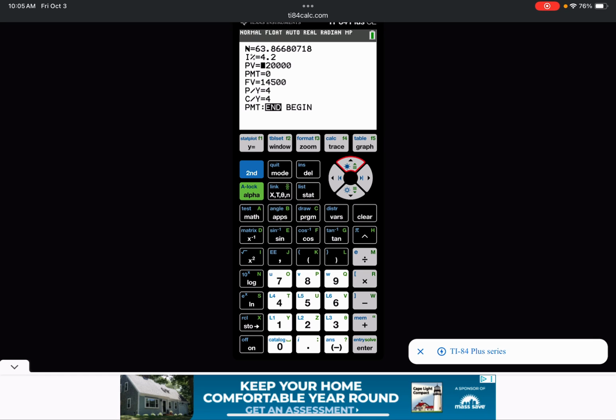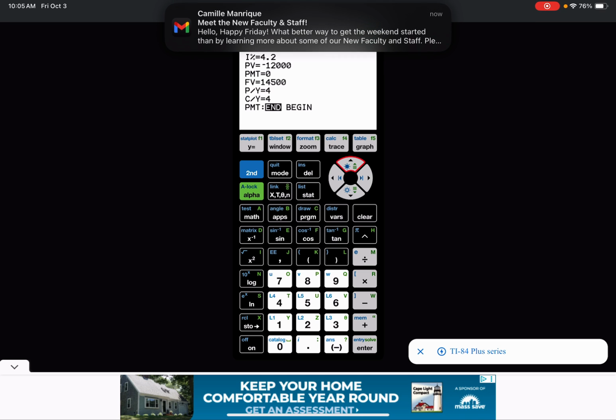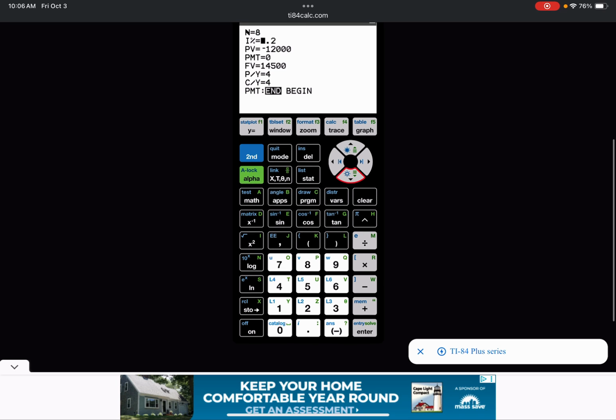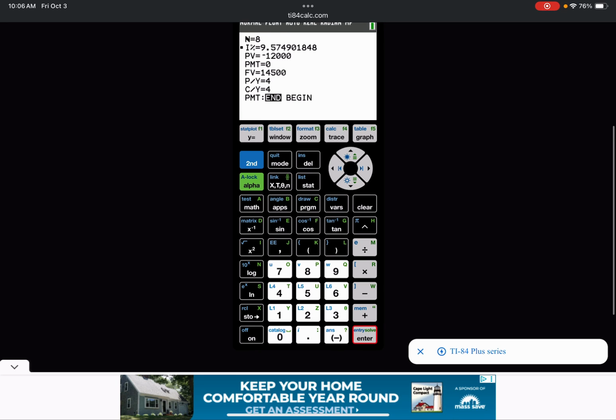It starts at 12,000, so we put negative 12,000 there. We're trying to figure out what the interest rate is. We know that it's accumulated over 2 years. So that would be 2 times quarterly would be 8 total periods. And now we want to alpha enter, and we can see that the interest rate would be 9.57%.